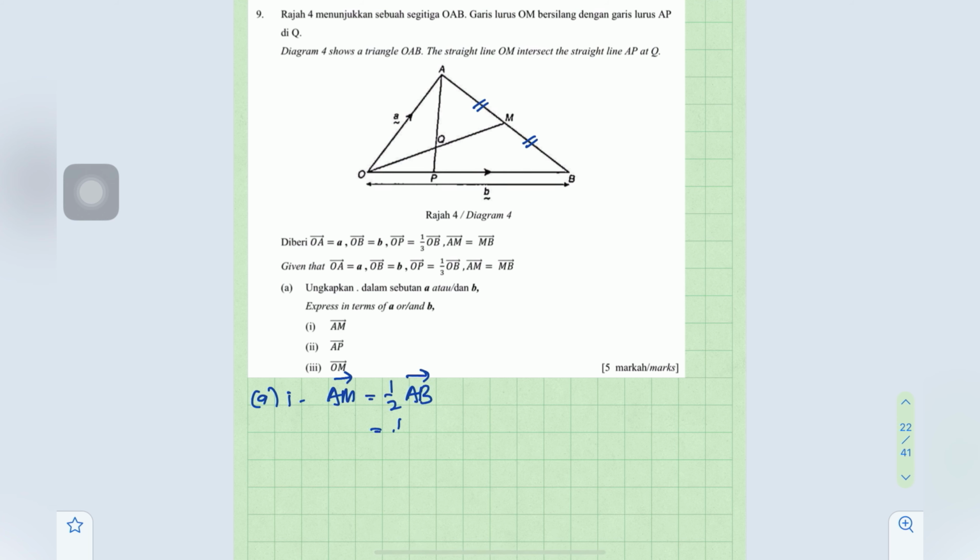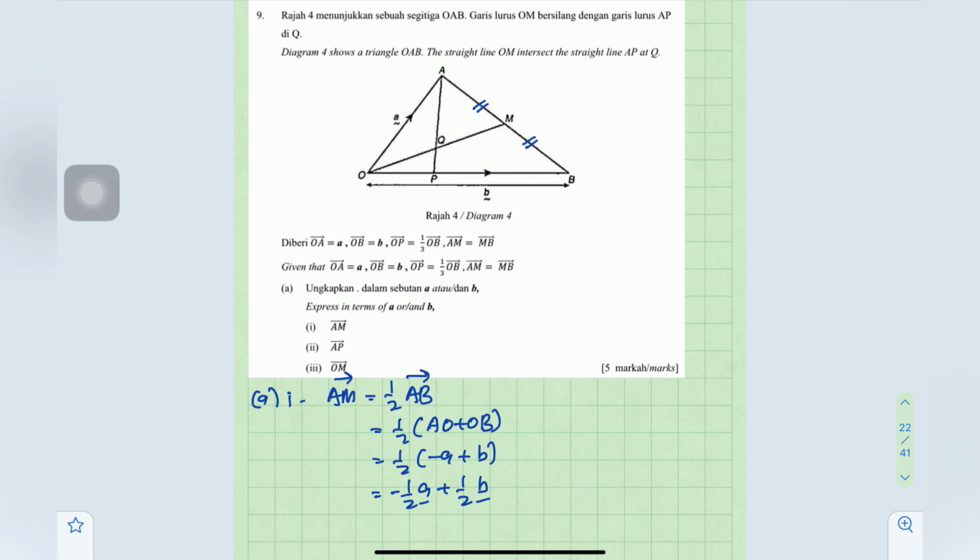Okay, so then kita buatlah resultant vector. AB is AO plus OB. Okay, so this one 1 over 2 AO is negative A plus OB is B. So this one negative 1 over 2 A plus 1 over 2 B. A2, find vector AP. So the second one, vector AP.